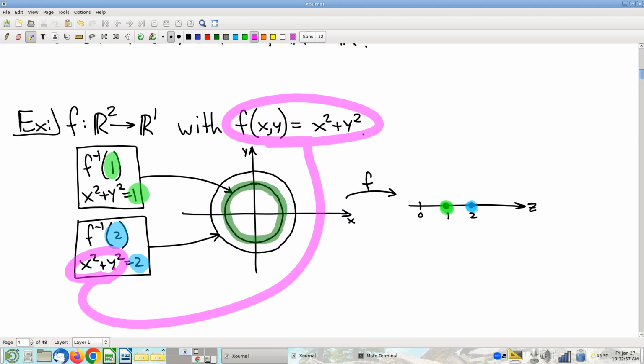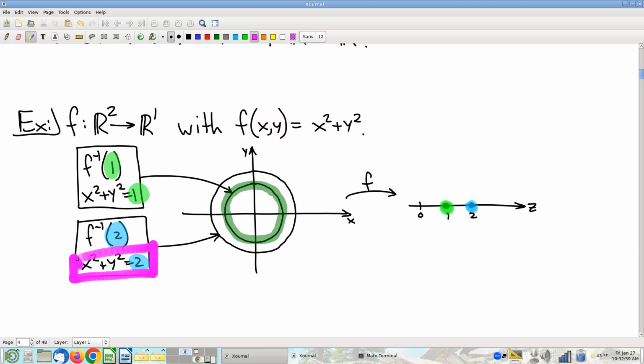Right? And then we look at this resulting equation, and that equation there is the equation of another circle, slightly larger circle. And so you can probably notice the pattern here, and I claim for all positive output values, we're going to have circles as the level sets.